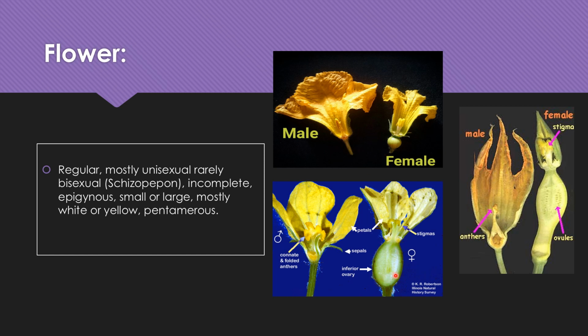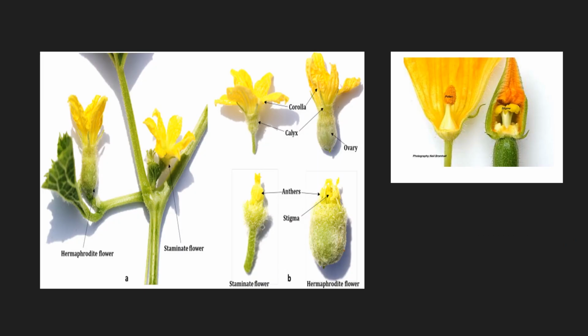Epigynous flowers. Epigynous means the ovary is located below the calyx and corolla. This condition is called the epigynous condition. Flowers are usually large and showy, some are small. Mostly flowers are white or yellow, and the flowers are pentamerous, meaning they have 5 sepals and 5 petals.